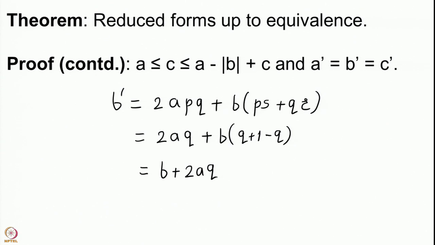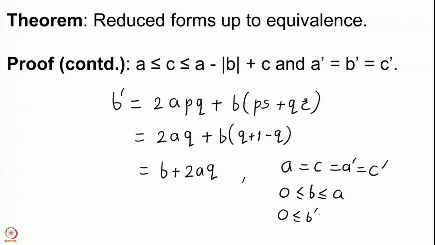Remember, you have B prime equal to B plus 2aq, but A is equal to C, equal to A prime, equal to C prime, and then we should have that 0 less than or equal to B less than or equal to A, and B prime is also in the same range.